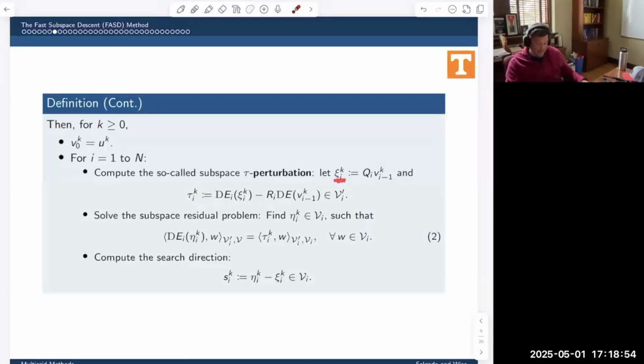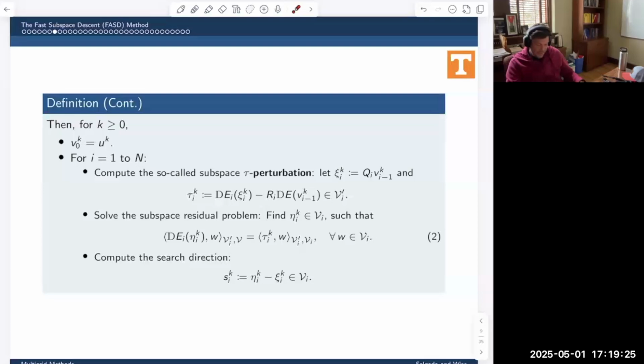And that gives us this thing called psi k. Previously when we computed the tau perturbation, it went in as the argument for the coarse grid nonlinear operator. Now it's going to go into the argument for the derivative of the coarse grid energy EI.